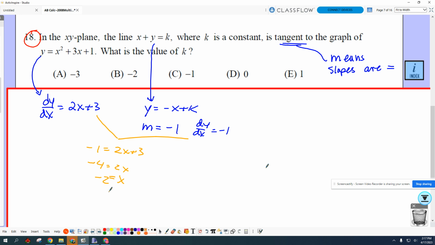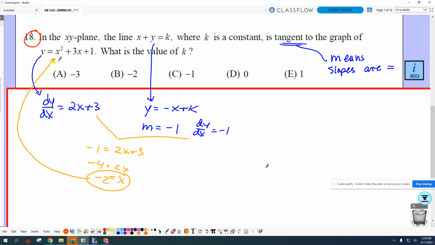What is the value of y? Would you plug that into the x squared plus 3x plus 1 to get y, and then plug both into the line? So we have one step closer to figuring out what k is. Will says, do we now take this -2 and plug it back in there?